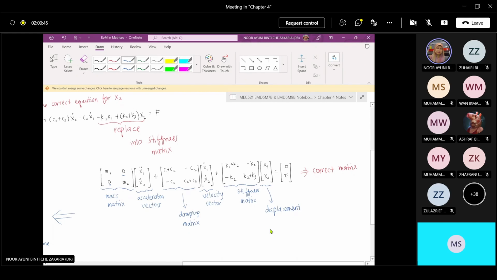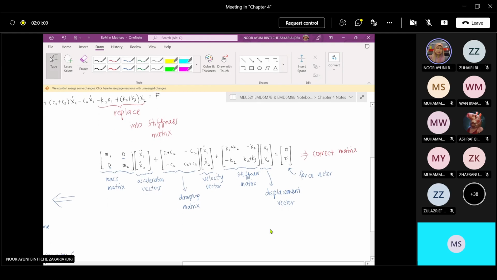It changes according to time. Dia ada perubahan, ada x dengan t, x double dot dengan t kan. It's a function, so dia jadi vector. And this is force vector. Force is also F dengan T, function T.